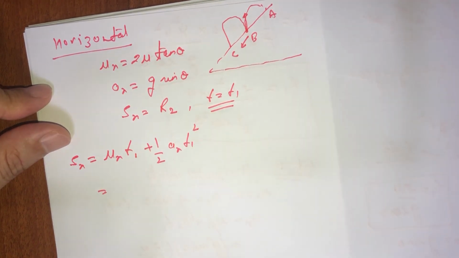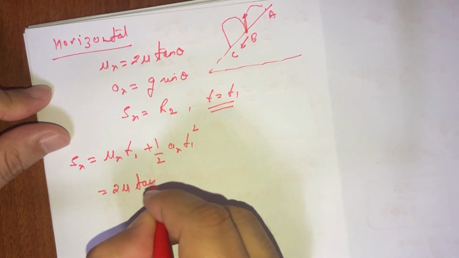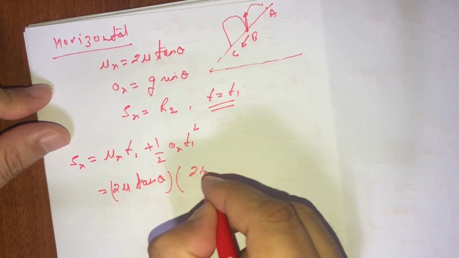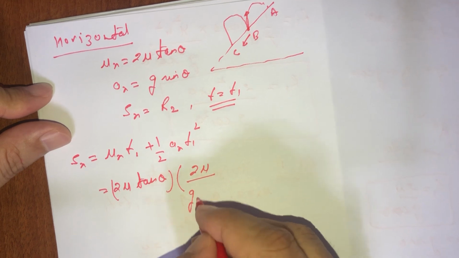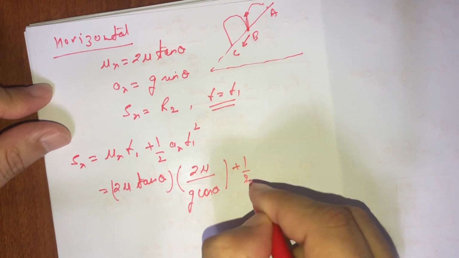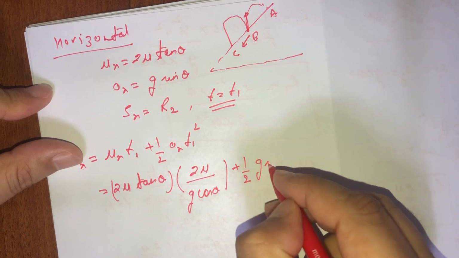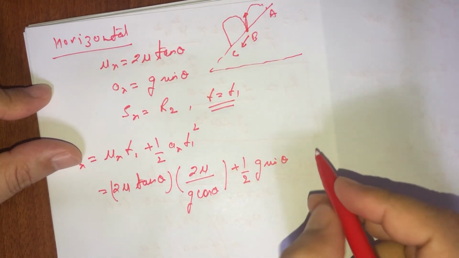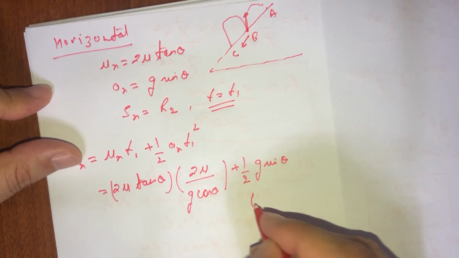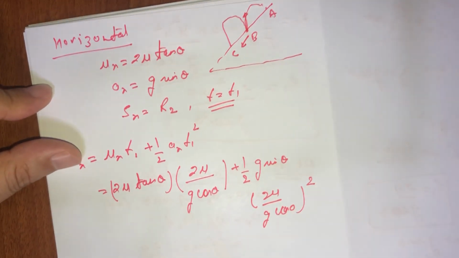Put in the values: u of x is 2u tan theta, t1 we already found out, that is 2u over g cos theta, plus half g sin theta multiplied by the square of t1, that is 2u over g cos theta, whole square.